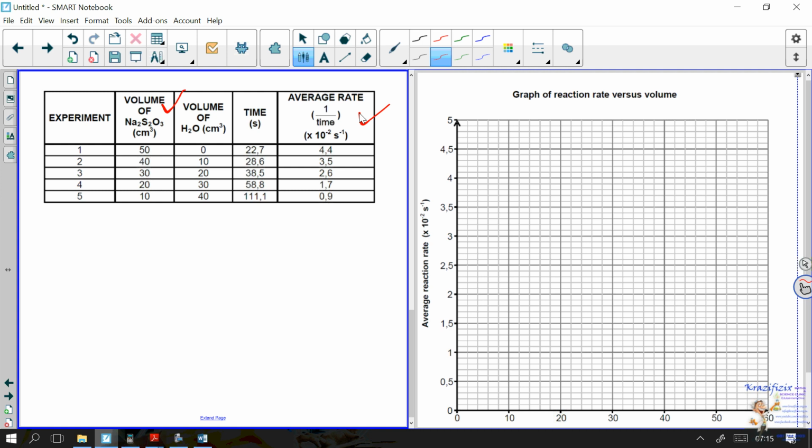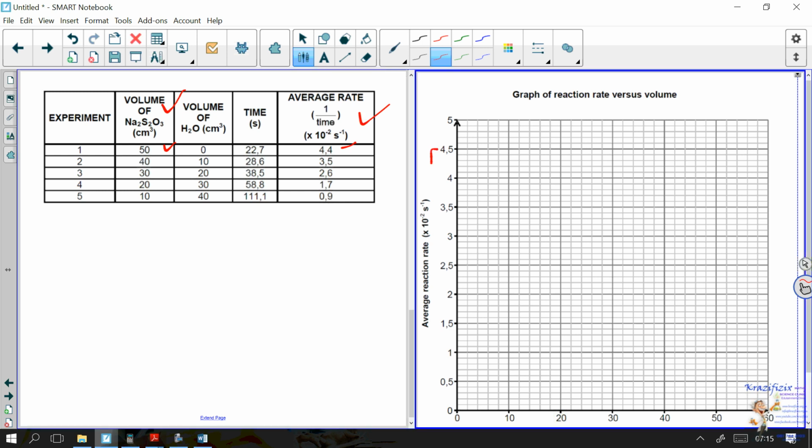Now what we need to do, let's start from the top one, 50, when volume is 50. So I'm dealing with 50 volume. What is my reaction rate there? It's 4,4. Please, it is important to know quickly what each box stands for. Now, if you notice, the difference here is 0,5.